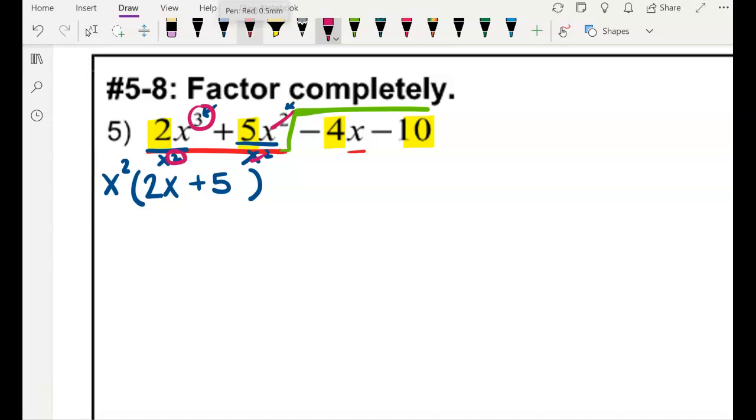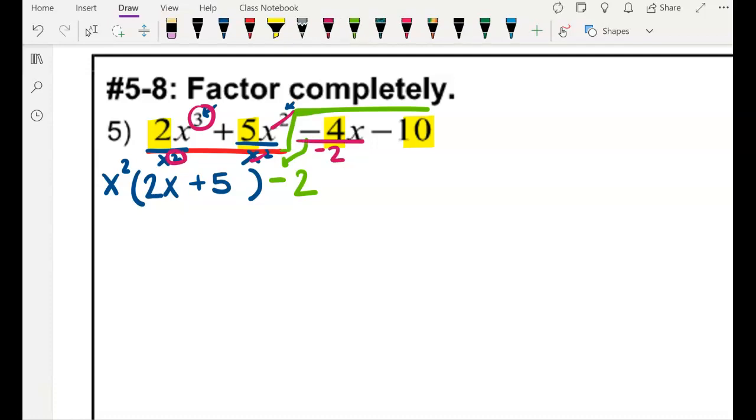Now over here, you have the second half, students. You have a negative 4x minus 10, okay? They both have a negative, so if you see there's a negative here, bring that down. Then look at the numbers. They both are going to have a 2. So in this case, they have a negative 2 in common, so you can divide each and every term by a negative 2.